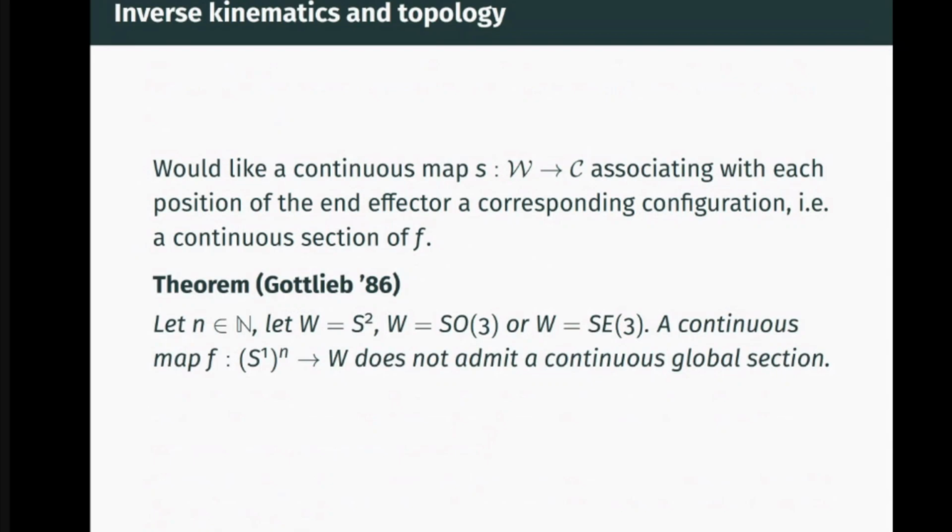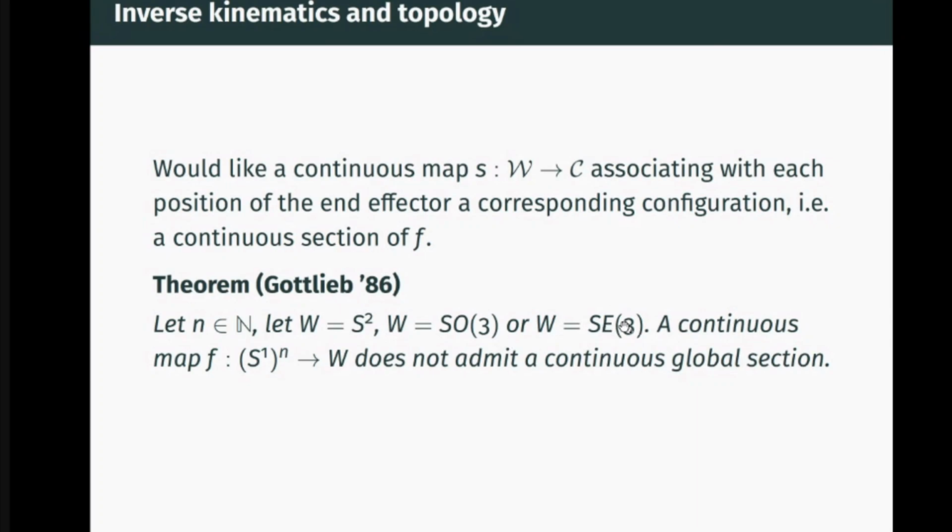Namely, if we're in a situation where the configuration space is a torus, so S1 to n copies, and we have a work map to a workspace. We consider either S2 as before, or SO3, or SE3, the special Euclidean group in rank 3. This is basically a group which formalizes rotations, like SO3, and translations.